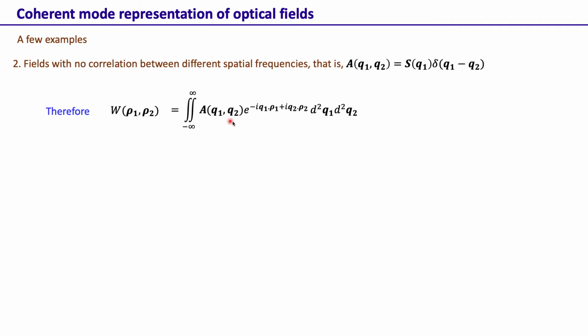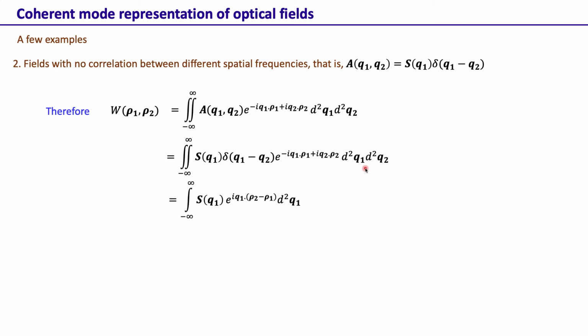So for A(q1, q2), if we substitute this form and integrate over q2, we get this, just by replacing q1 by q. So this W(rho 1, rho 2) is S(q), that is the spectral density at q, times e to the i q dot (rho 2 minus rho 1).